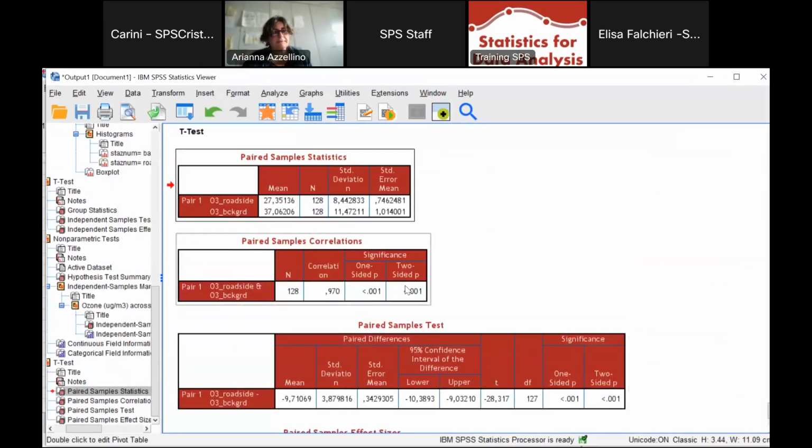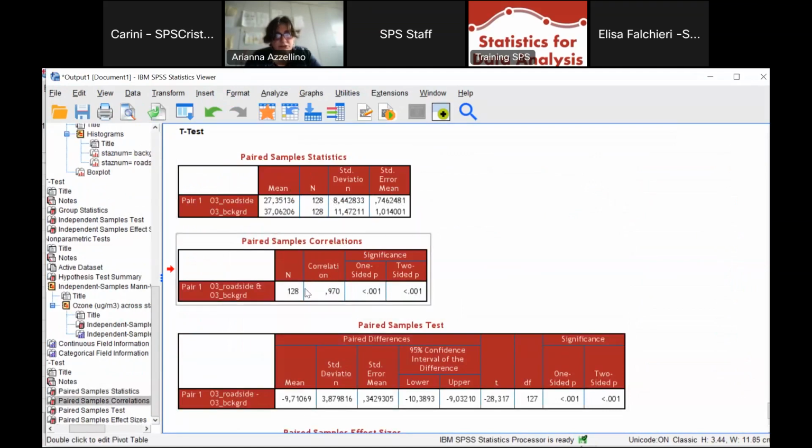So I will select both the two variables I'm interested in, and I will simply run the test. Here I have the table with the statistics. These are exactly the same we had before. There is a new table included in this output that is the correlation between the two, and we can see that the correlation is very high. This is a correlation coefficient of 0.97, so they are almost the same.